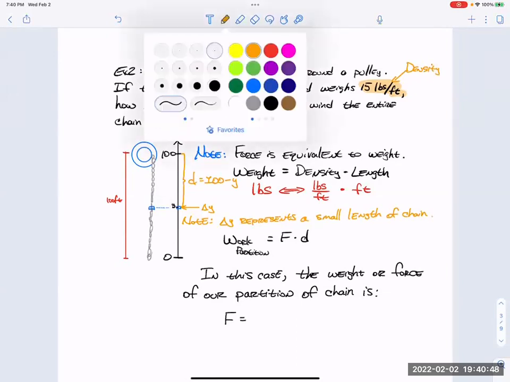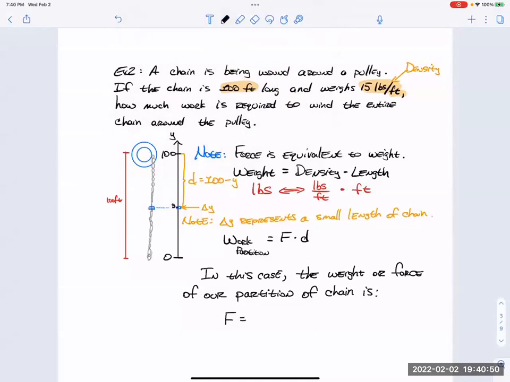So down here, what we're going to say, okay, our force then, or the weight of that partition is the density, which is 15 pounds per foot, times the length of that chain. And what's the length of that chain? It's delta Y. That's the length of the chain, which is in feet. Because remember, this is a length here.